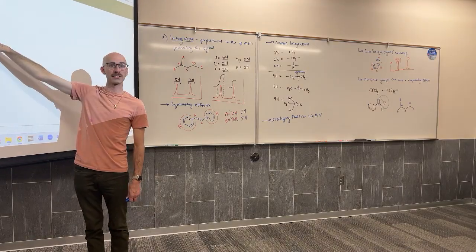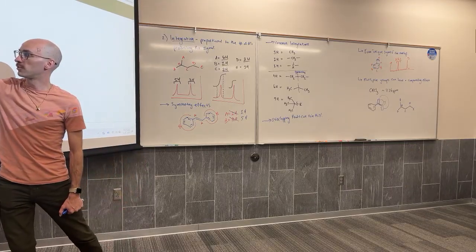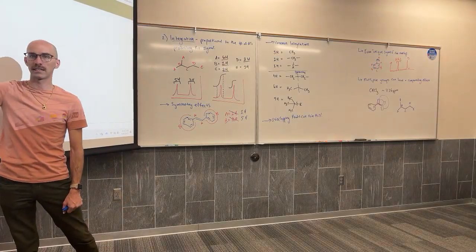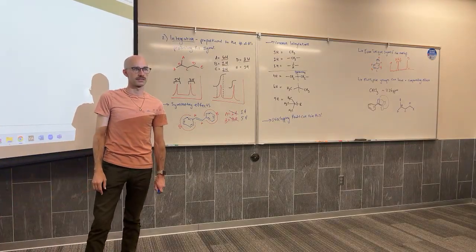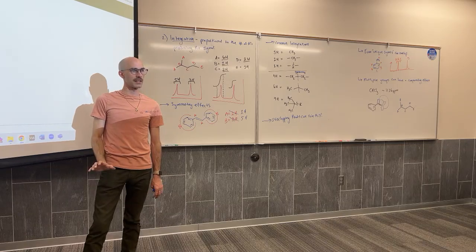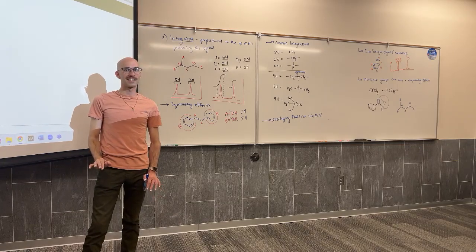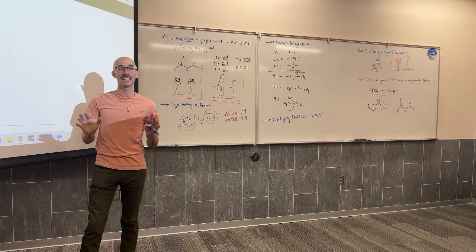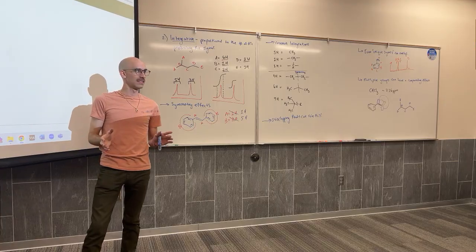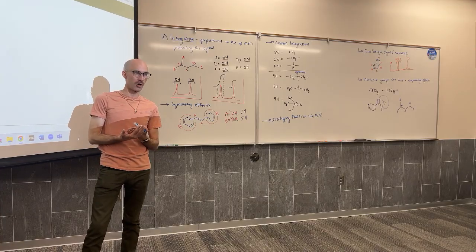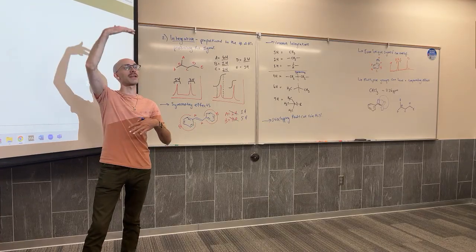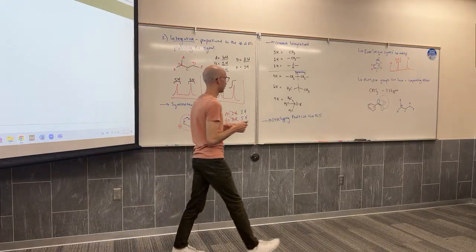And so this is going to integrate to 2, 4, 6, 8, 10 hydrogens. Just because it integrates to 10 hydrogens doesn't mean they're all 10 identical hydrogens. It just means that their signals have all overlapped, and now their integration has increased as well.